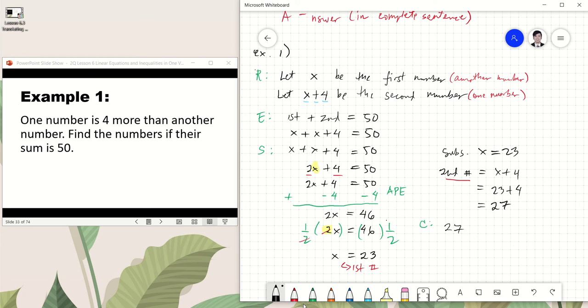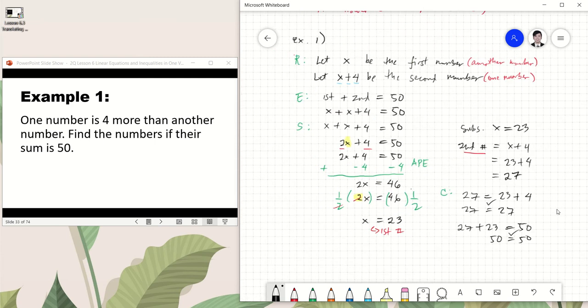Yung one number ba natin is 4 more than the first number? It's a question. So that's 27. So true. Second sentence natin, yung sum nila dapat 50. So is 27 plus 23 equals 50? That's correct. So ibig sabihin, tama yung nakuha natin.